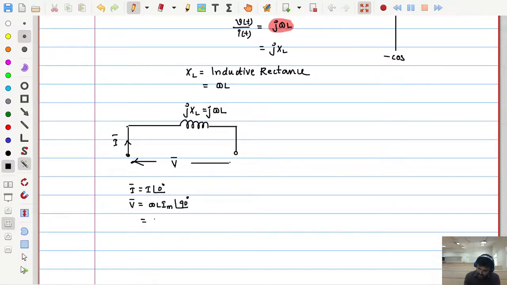This can be set as V at an angle of 90, where V is the RMS value, which is equal to omega L Im by root 2. Previously the current I is also equal to Im by root 2. These are RMS values. Preferably I will keep every magnitude in RMS value.